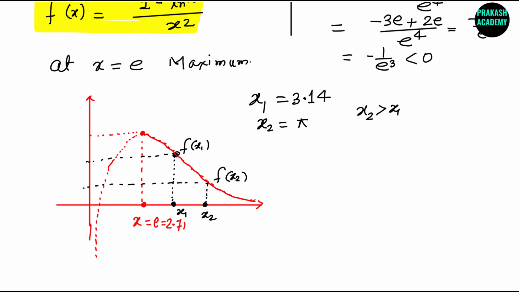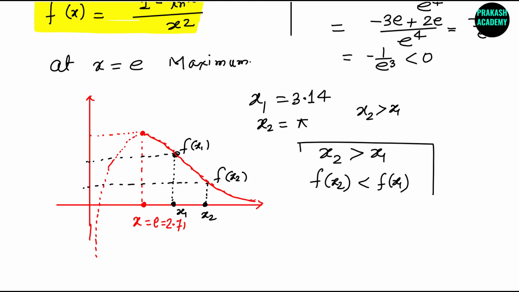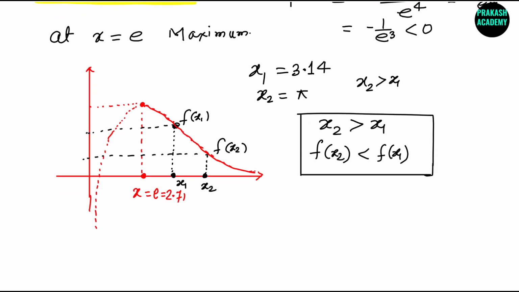This means now I can use the property of decreasing function, that is if x2 is greater than x1, since the function is decreasing, then f x2 will be less than f x1. So this is the property of a decreasing function.